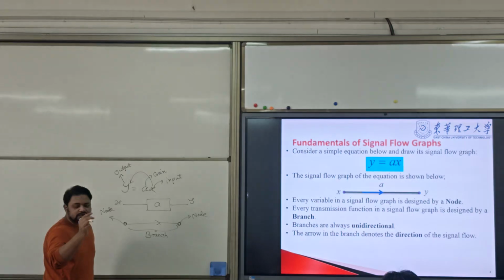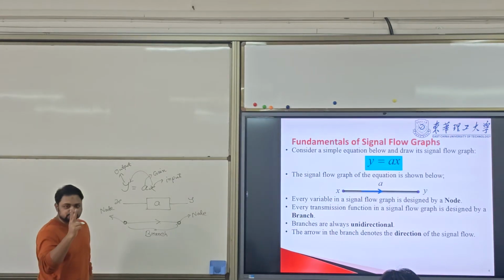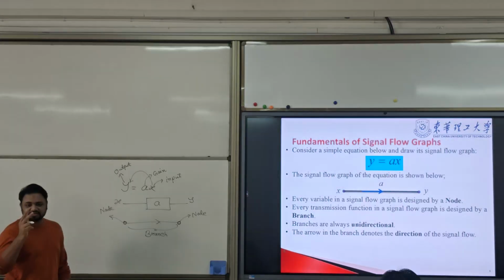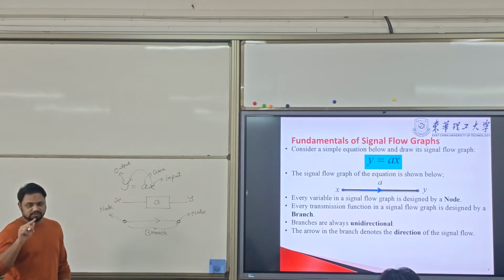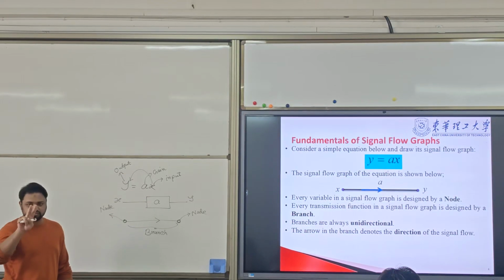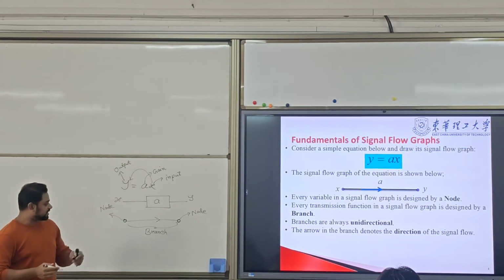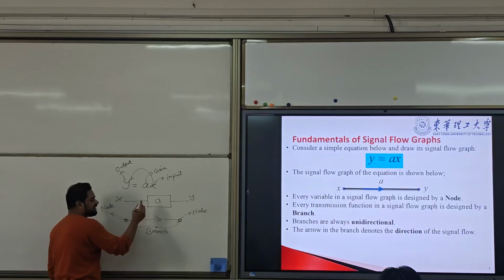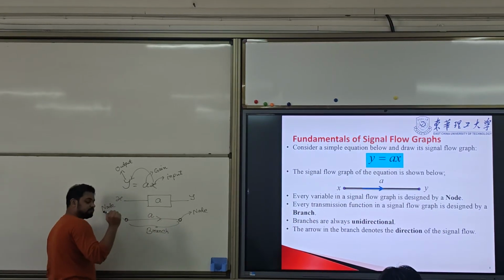Two nodes make a branch, x and y. Two nodes make one branch, not three or four nodes, only two nodes. And each branch will have a gain. This is the gain.